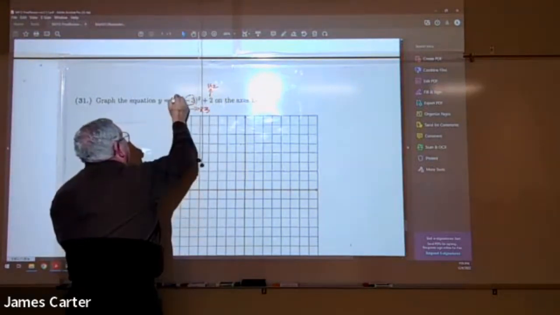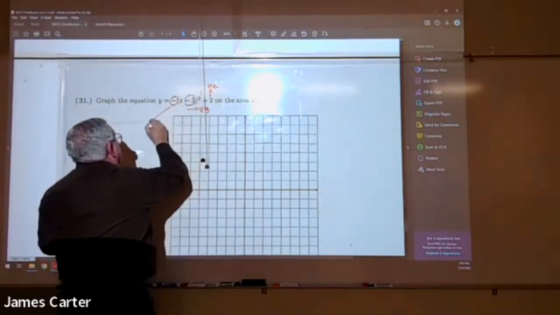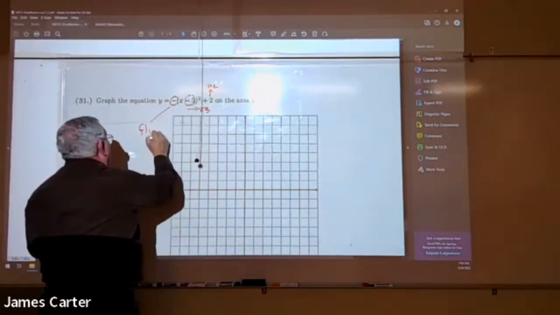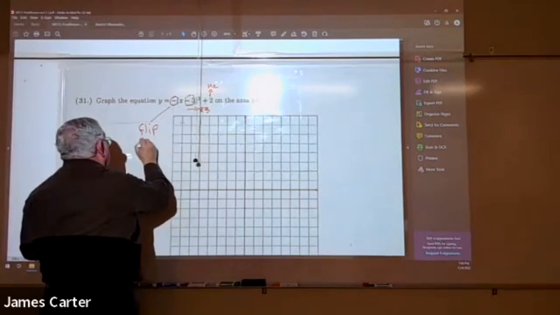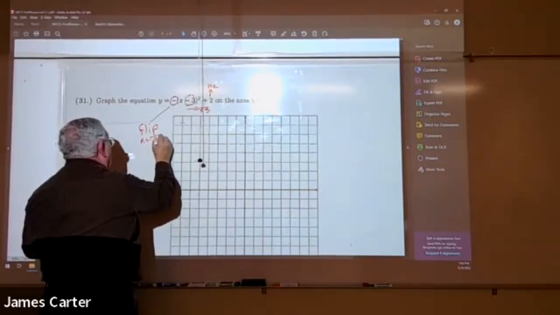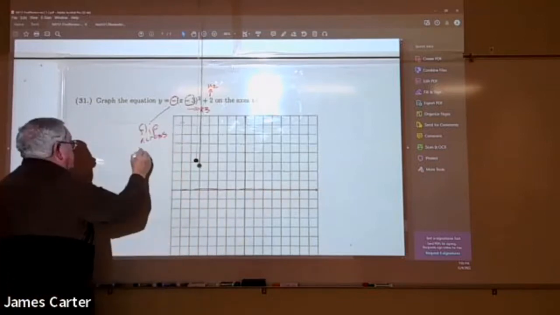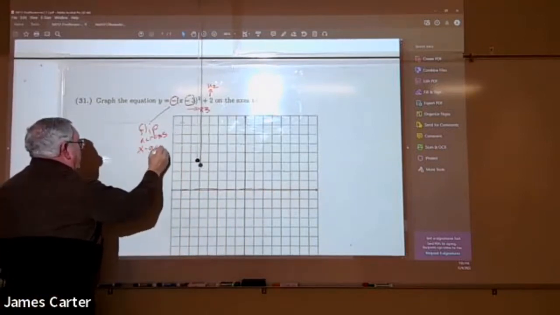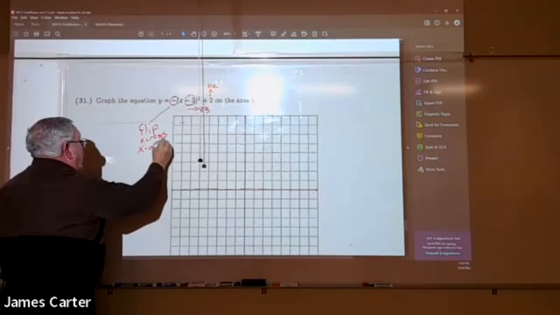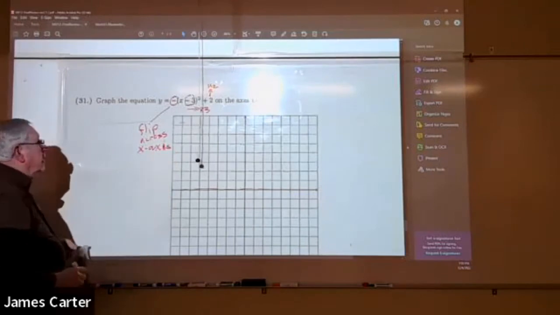Okay, and this is going to flip across the x-axis.